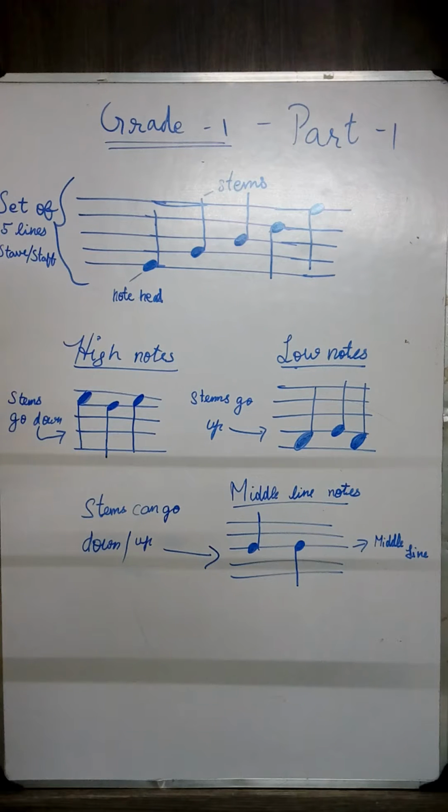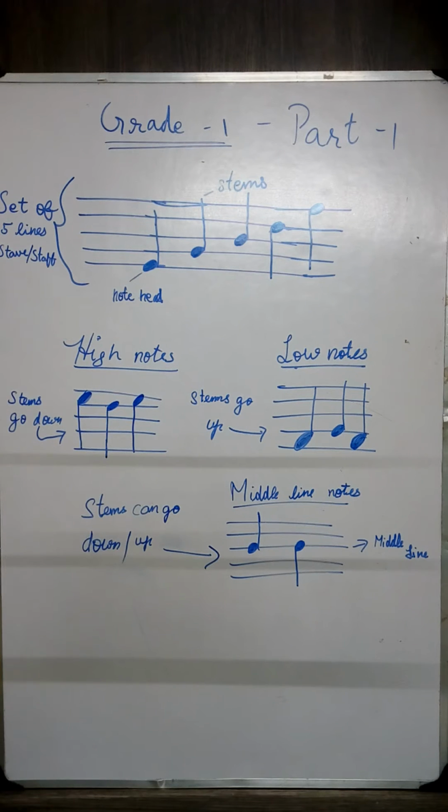Next, they're asking, write 5 high notes and 5 low notes using note heads and stems. This is your choice. You can choose anything. But I've chosen each line and each space. That's better, right? You can practice more. And then the fourth, add a stem to each note head.